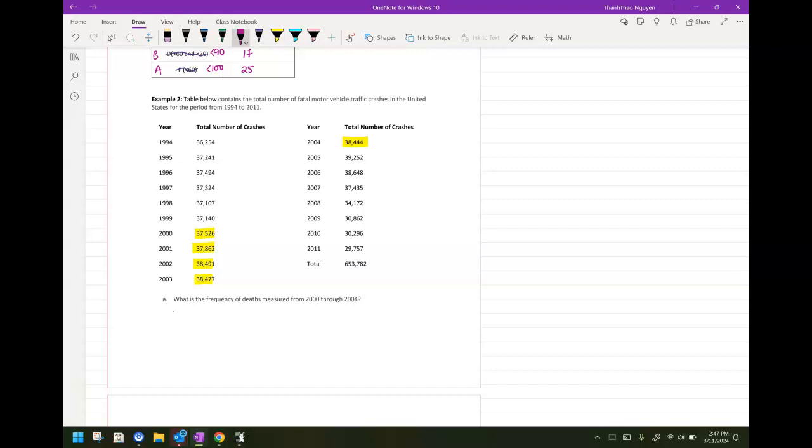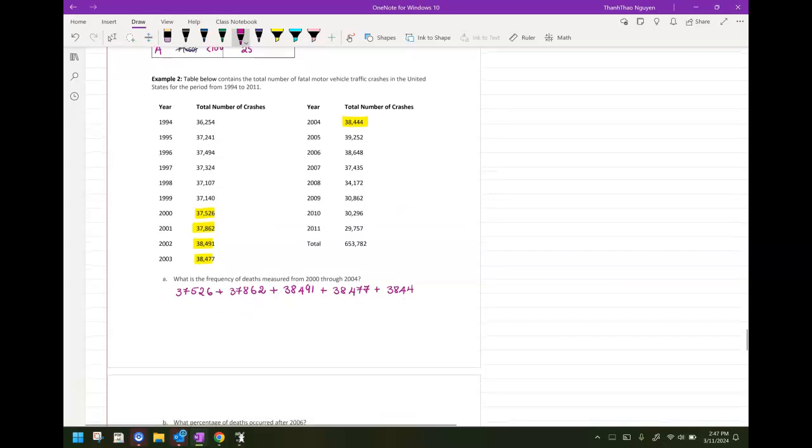So we have 37,526 plus 37,862 plus 38,491 plus 38,477 plus 38,444. The total of this will give you the frequency of that measure from 2000 to 2004.